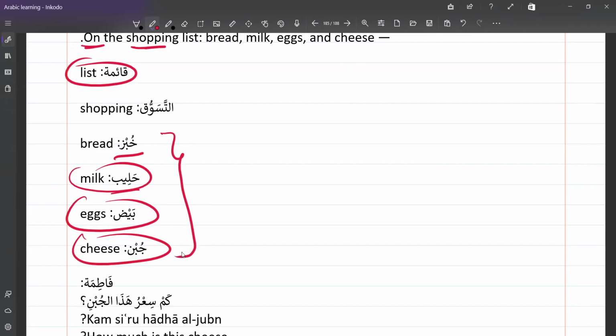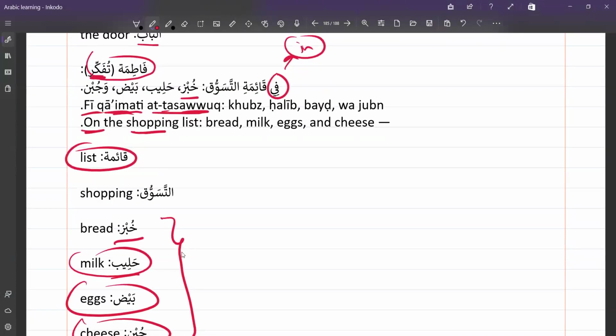They are very crucial for buying when you go to a grocery store or a shopping mart. So she is saying, on the shopping list: khubz, halib, bayd, jubn. So she is recalling the shopping list.